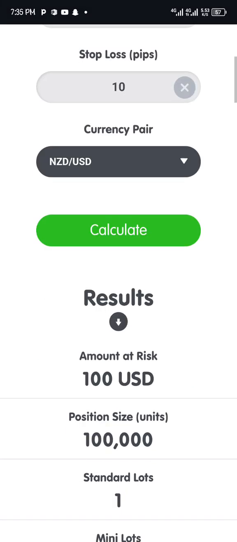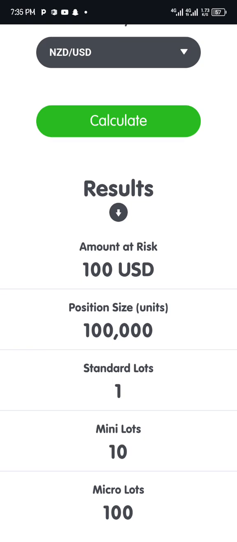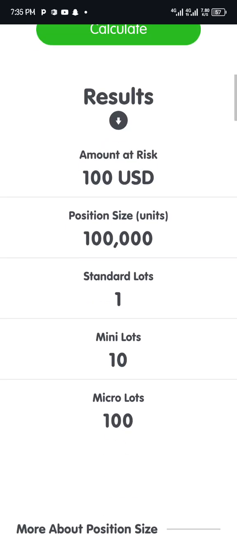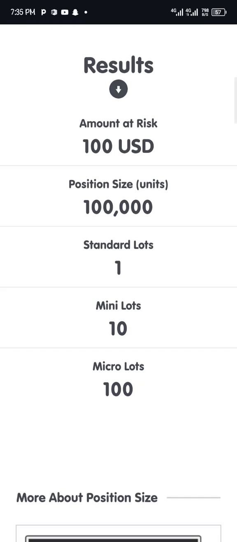Once you click on calculate, you are going to see the amount at risk, which is $100, as I've said before, right? You can see the position size, which is 100,000 units, and you are expected to use one standard lot size, not the mini lot, not the micro lot, or even the nano lot. You are expected to use just one standard lot size.